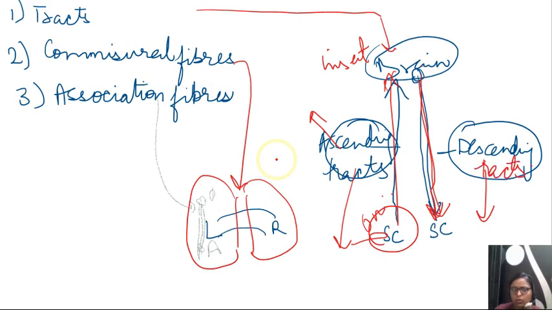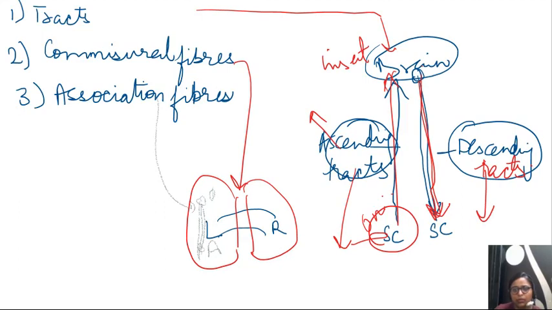There is no need to memorize this in neuroanatomy. You just have to clear your concepts so that you understand it better, and you don't need to learn it by rote. You have to name it according to the concept. Fine. So we will stop here and proceed to the next video.